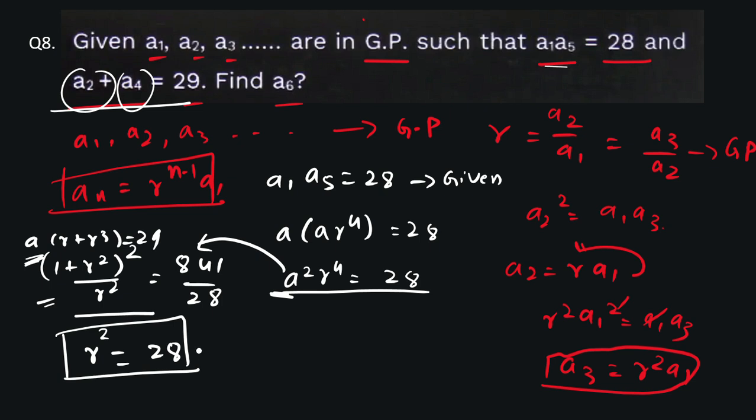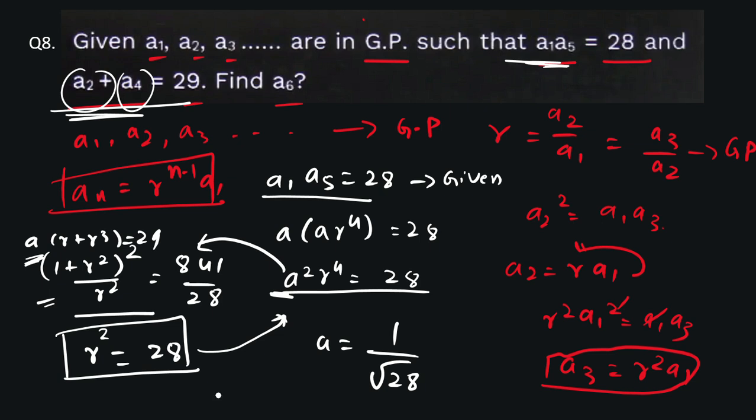Now put this value of R square in this equation. Basically we used these two equations to solve two variables, and we concluded in one variable, resulting the value of one variable, that is R square is equal to 28. Now put this value of R in this equation, we get A, which is equal to 1 by root 28.